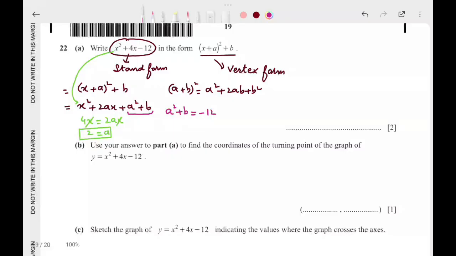So a is equal to 2, 4 plus b is equal to minus 12, and b is equal to minus 12 minus 4, and b would be equal to minus 16.